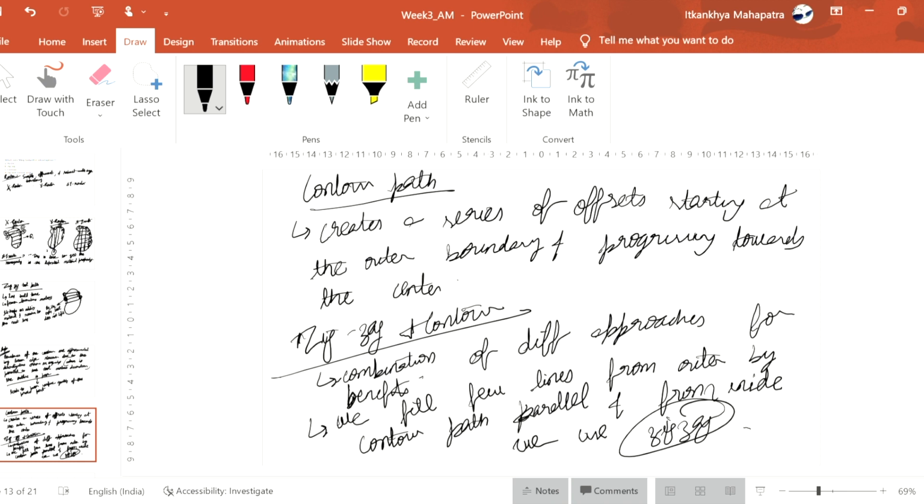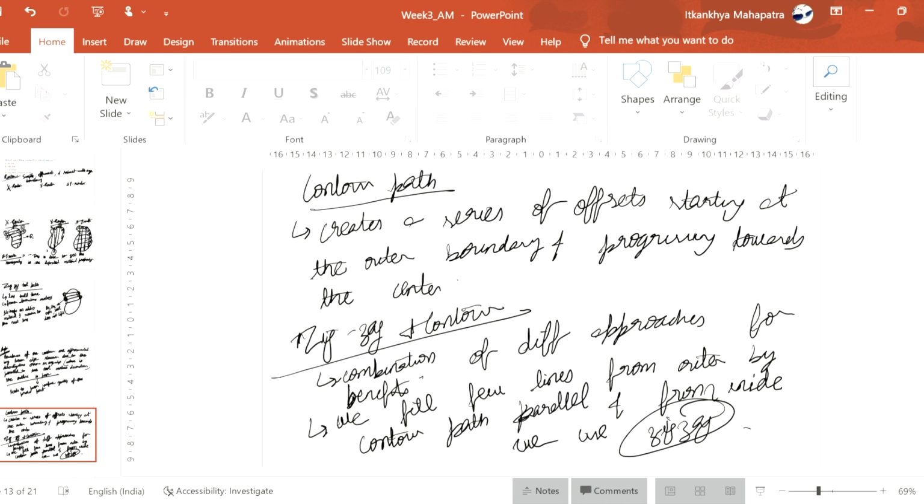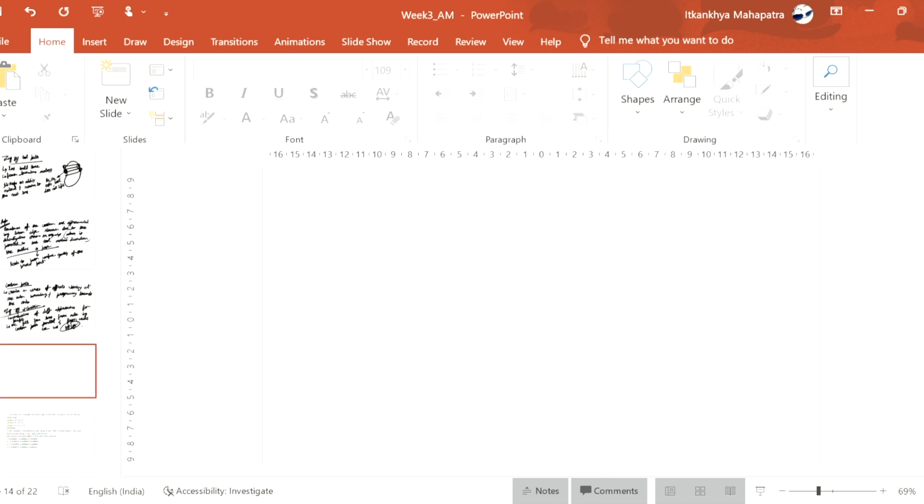So why don't we use the contour parallel inside? Because this will leave cavities. Cavities means this will leave some voids or surface which will create surface defects.